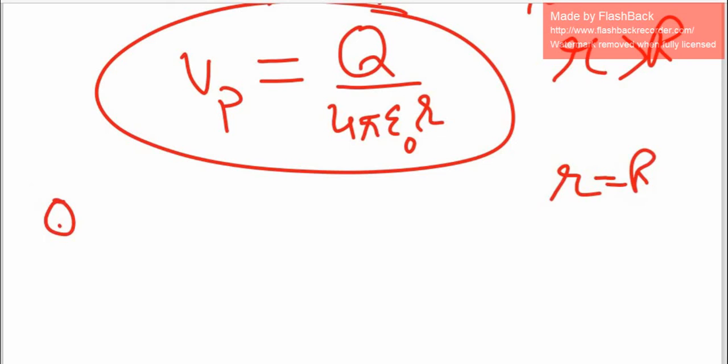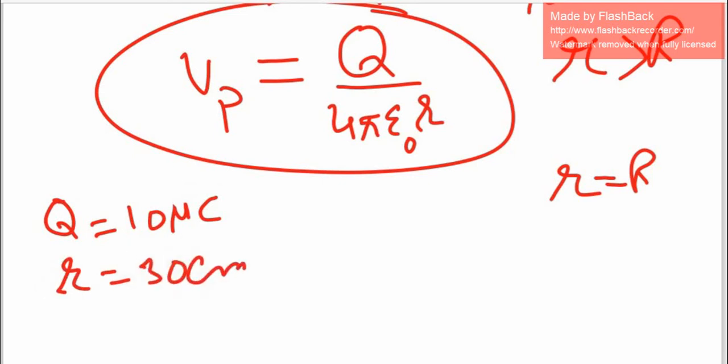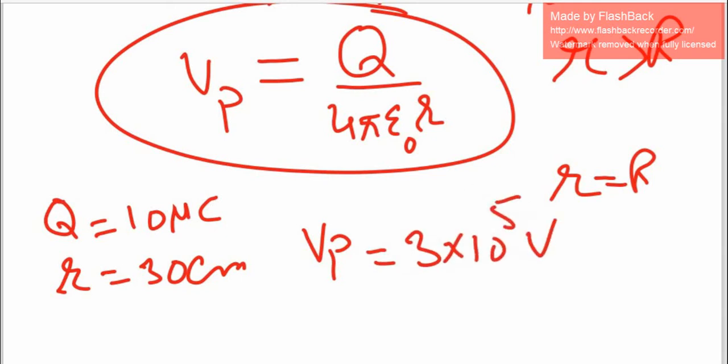We know that Q is equal to 10 microcoulombs, R is 30 centimeters. So the potential at the surface of the sphere is 3 into 10 to the 5 volts.